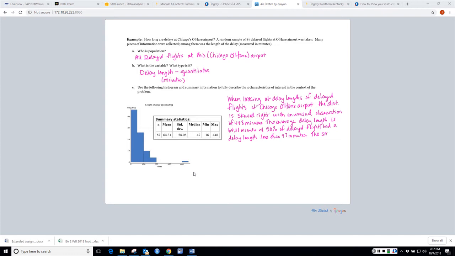The smallest delay length was 16 minutes, while the largest was our outlier, so our 448 minutes.